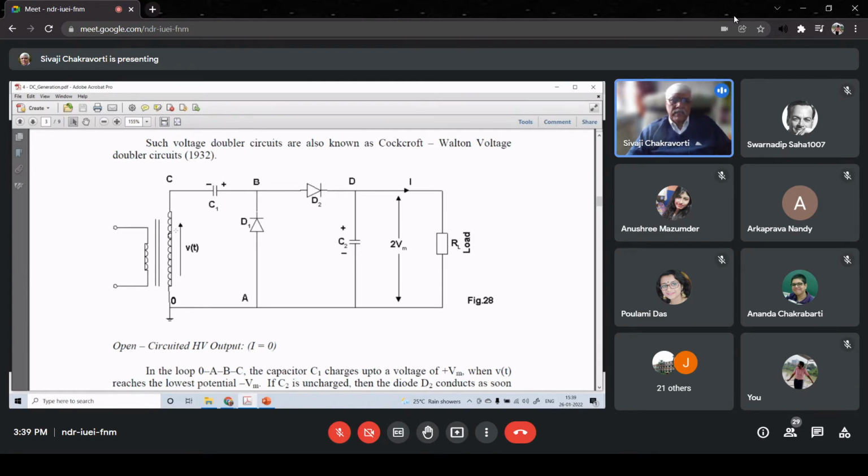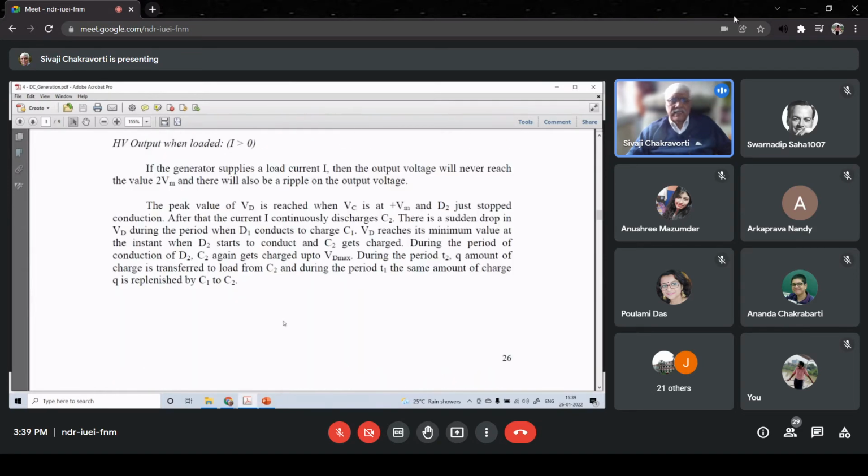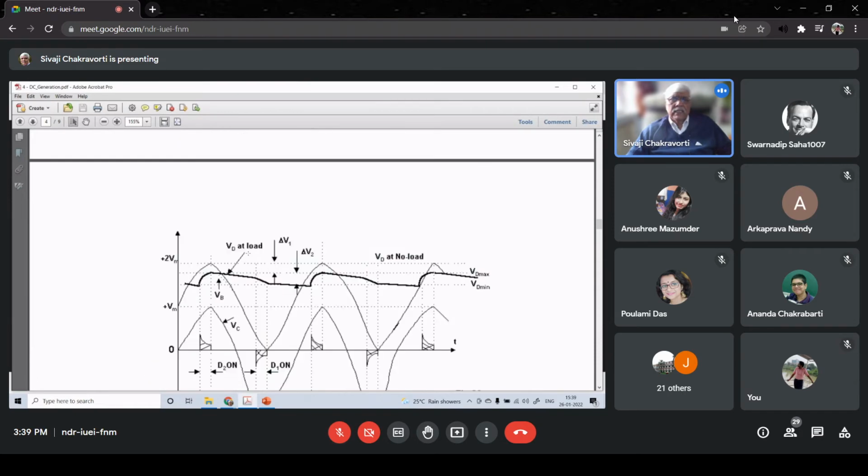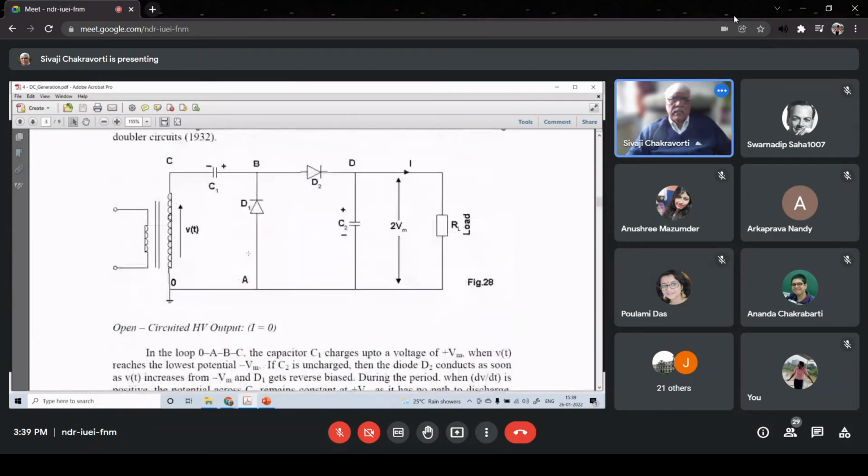So plus Vm goes up to 2 Vm, but when the transformer secondary is in phase opposition, it will be 0. Therefore, the second sinusoid varies between 0 to 2 Vm. It is nothing but the potential of terminal B.